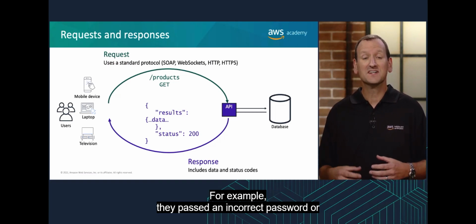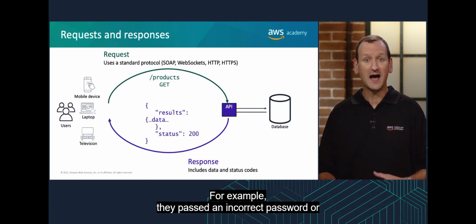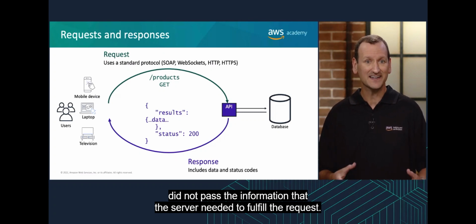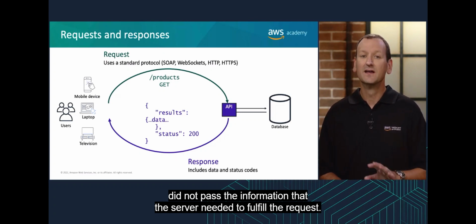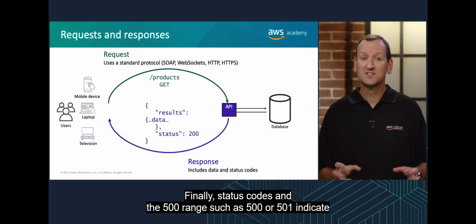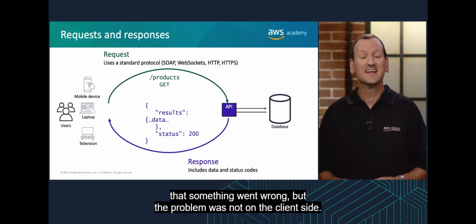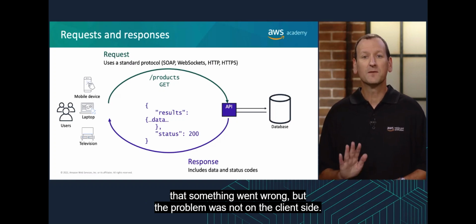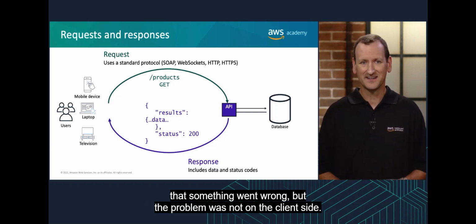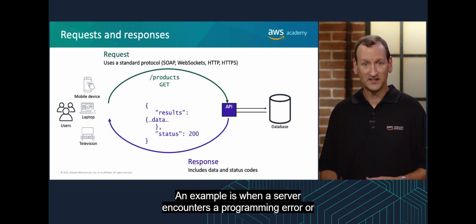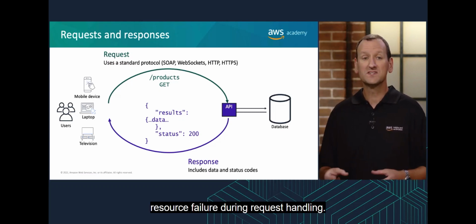For example, they passed an incorrect password or did not pass the information that the server needed to fulfill the request. Finally, status codes in the 500 range, such as 500 or 501, indicate that something went wrong, but the problem was not on the client side. An example is when a server encounters a programming error or resource failure during request handling.